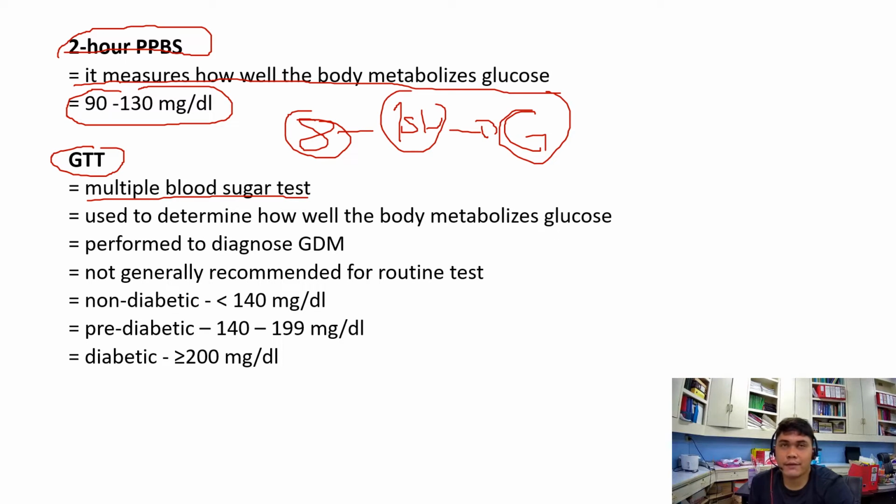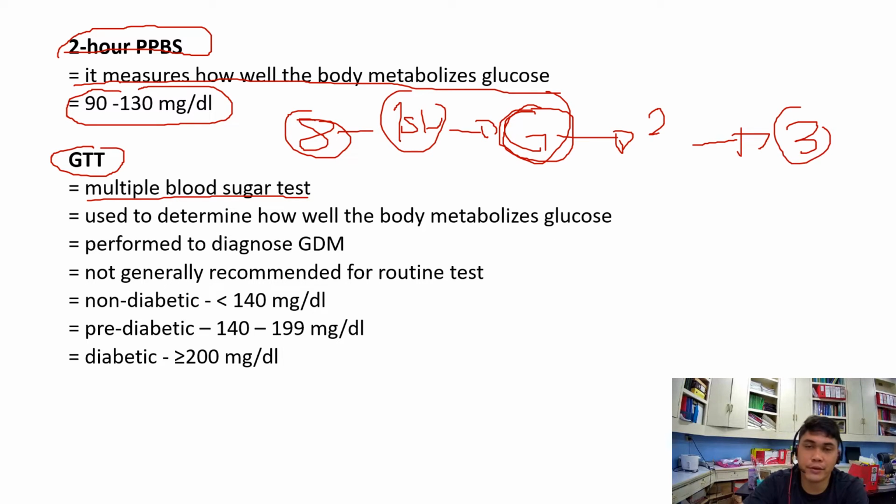After glucose administration, collect the second specimen 1 hour later. Then collect the third specimen 2 hours after glucose load. So we have 3 specimens to be collected for OGTT.